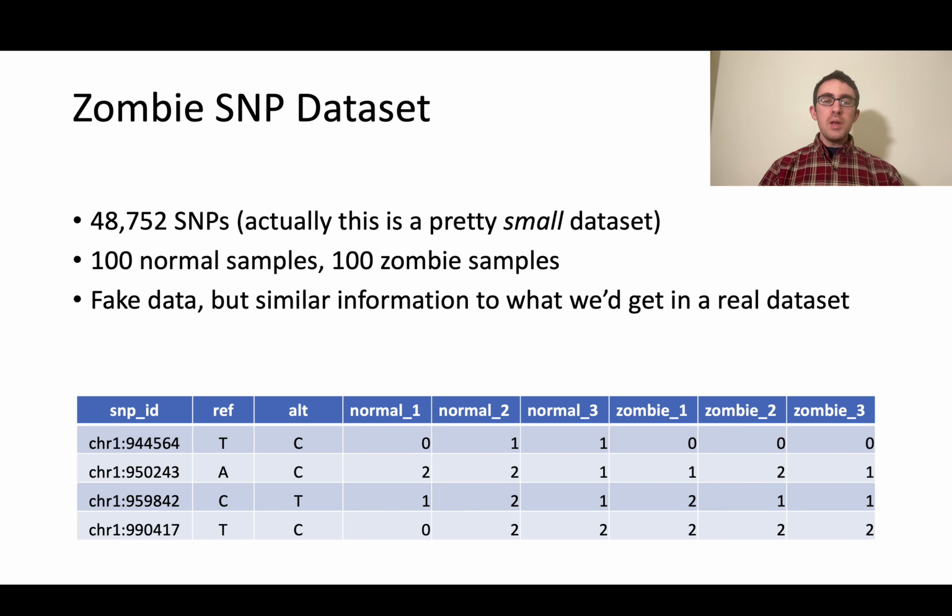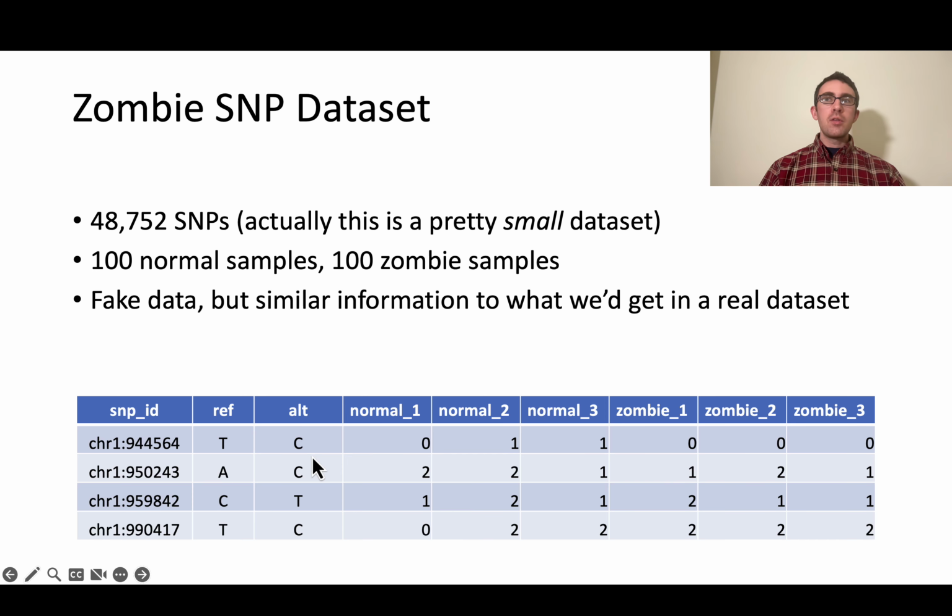That would be a complication, because then the SNP IDs would not necessarily be unique identifiers. There could be more than one row in this table with the same SNP ID and different possible alternate alleles.